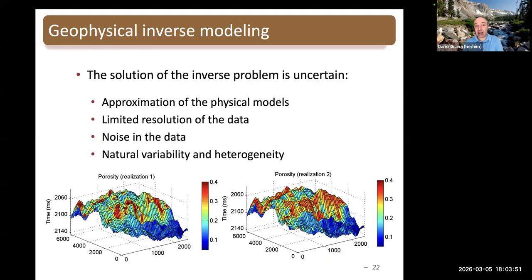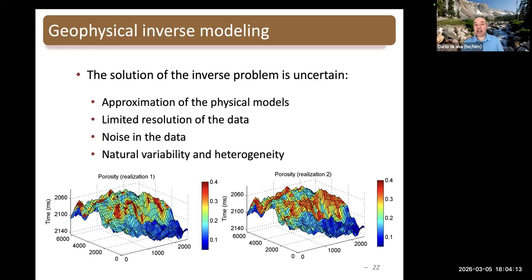You know the pores are not ellipsoids. Again, they have a more complicated shape. So all the physical models that we use are not perfect. They're approximations because we really don't know all the details of the poroelastic processes that happen in the subsurface.